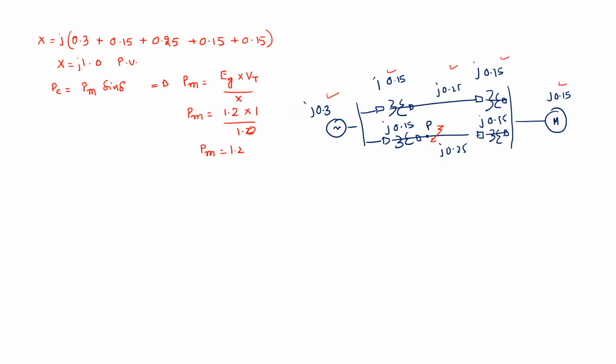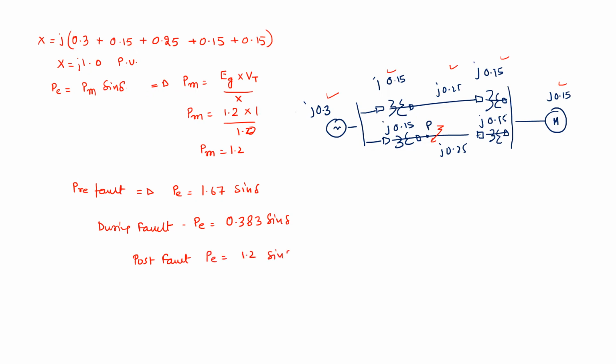So likewise you need to write the expression for the pre-fault stage. The power angle curve equation can be written as Pe is equal to, let me say, 1.67 sine delta. For during fault condition, this Pe becomes, as we have calculated, reduced to 0.383 sine delta, and post fault we have just calculated Pe is equal to 1.2 sine delta.